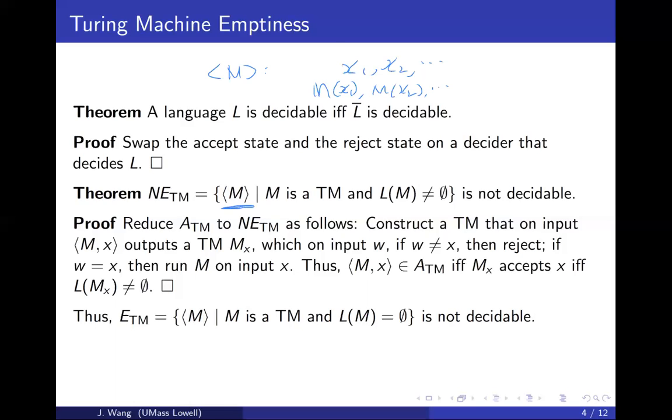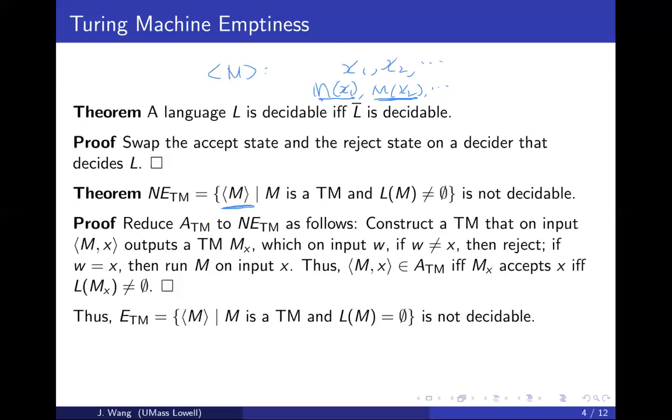You run M on x1 for one step, then one more step, and this time you start running M on x2 for one step, and so on. If one of them halts, you halt, otherwise you just keep running.